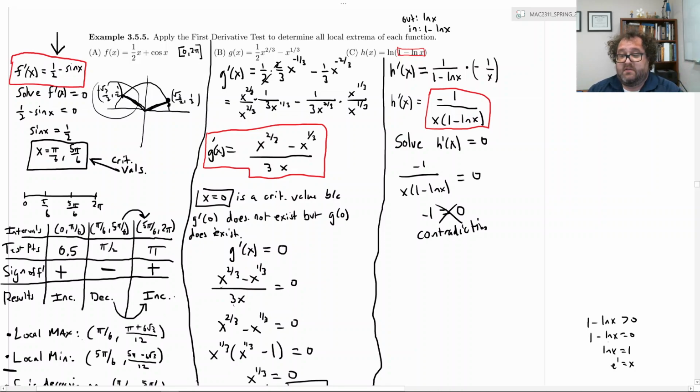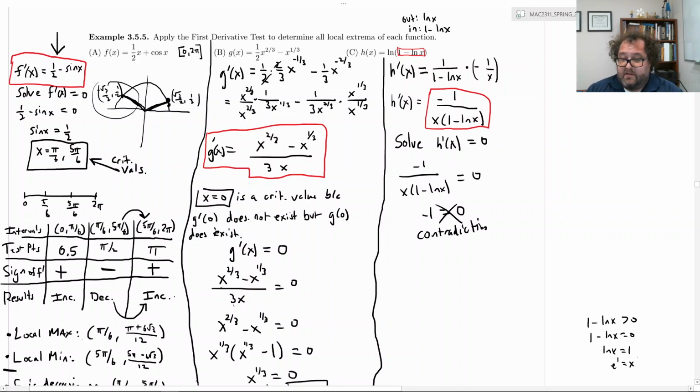So e is what we call the boundary point. It's the solution to that equation. Now, what I'm doing here is the exact same process we do with the derivative, except I'm doing it with the original function. So no derivative here yet. I'm making that sign chart with the original function, just like I did a couple videos ago when I did that little college algebra review.